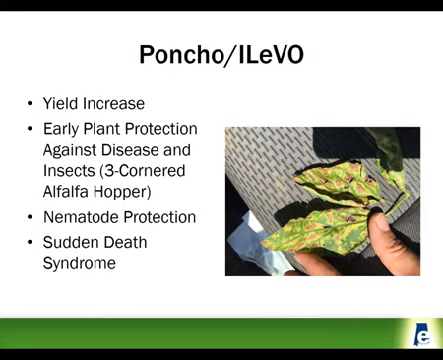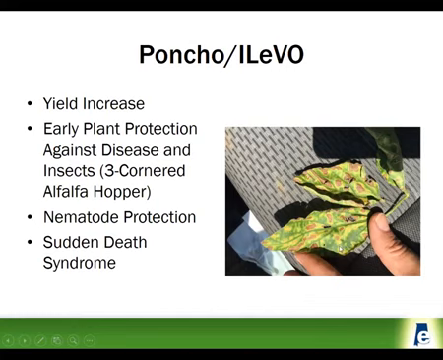The other thing I like about the Votivo, if you have a very high yield potential on some of these fields, when I was out scouting them, these are growers making 80 plus bushels per acre. The stress on these plants was so high, when you got towards the end of the season, I was seeing sudden death syndrome in these high yield fields. And this is what sudden death syndrome actually looks like right here.